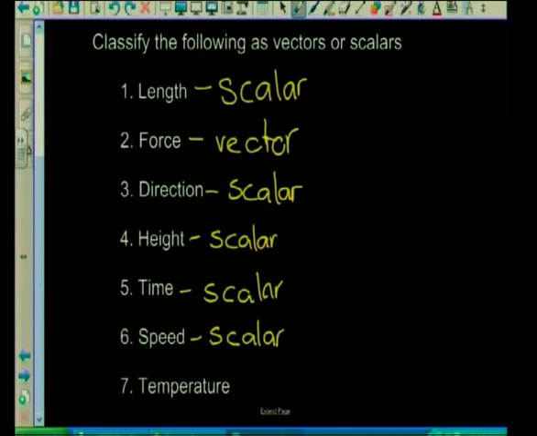We didn't consider which direction it was going in, whether it was going up or down or left or right or whatever. Temperature is a scalar. We can get negative temperature, but that's just the value. It doesn't mean that the temperature's gone backwards or gone forwards. It just has size, okay?